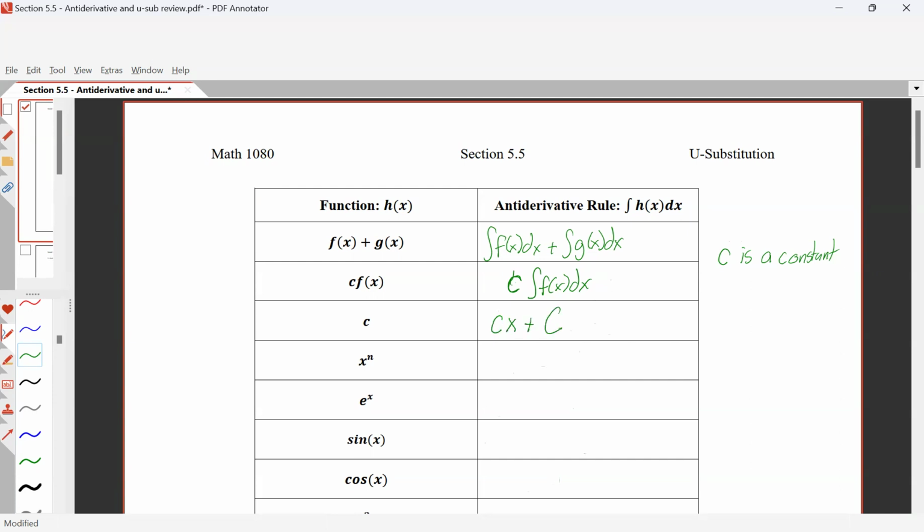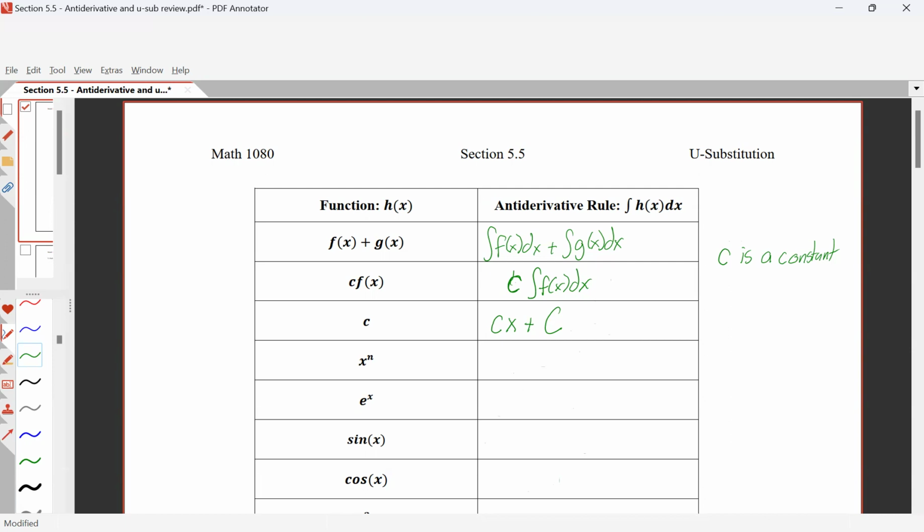When we're actually writing the antiderivative, we need a plus c because we know that the derivative of any constant is 0. So when we go backwards of taking the derivative of these lines, we should get back to the left-hand column.